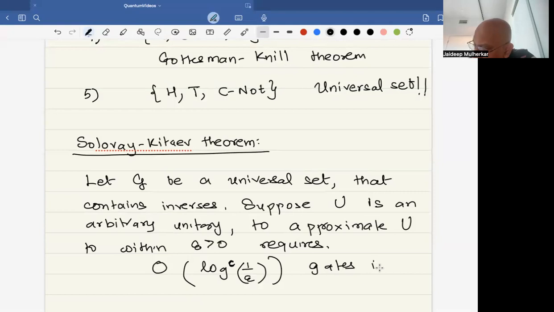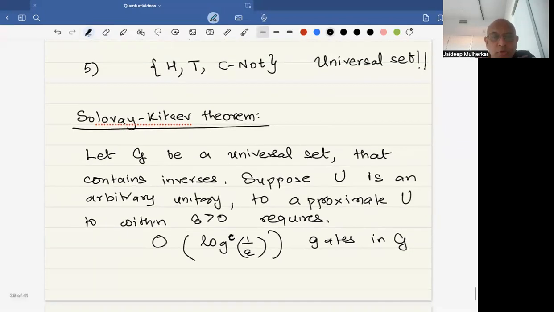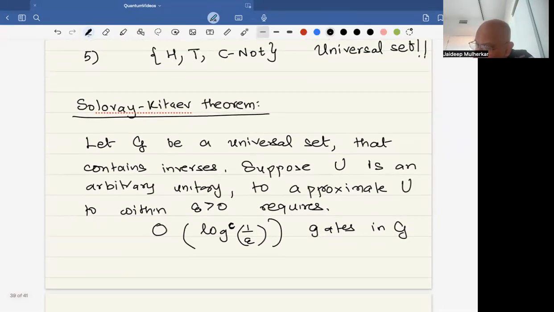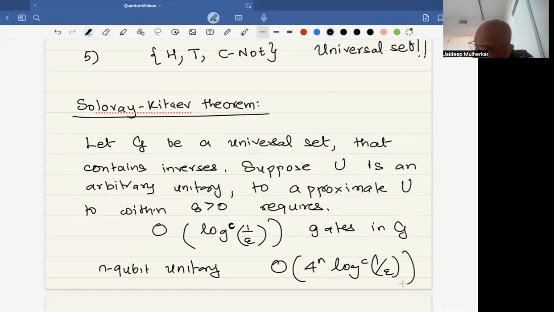So the scaling is reasonable, manageable in terms of epsilon. In general, if I want to approximate an arbitrary n qubit unitary, it will require approximately order of 4^n times log to the power c of 1 over epsilon gates to within epsilon accuracy.